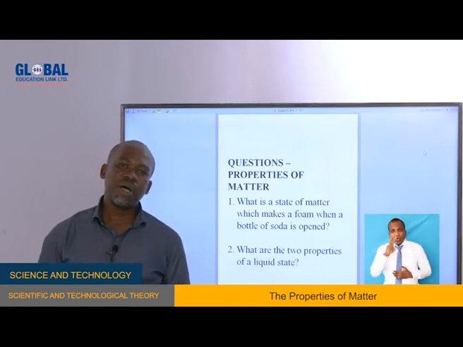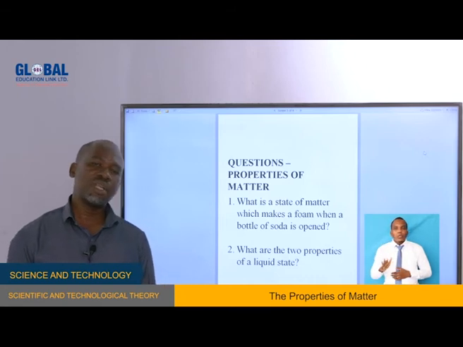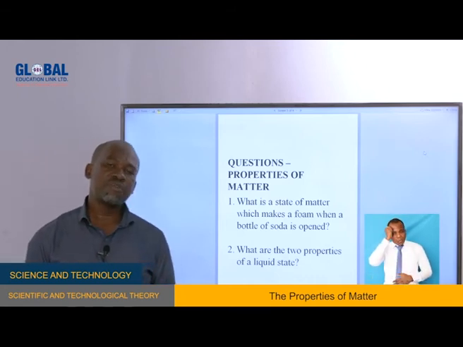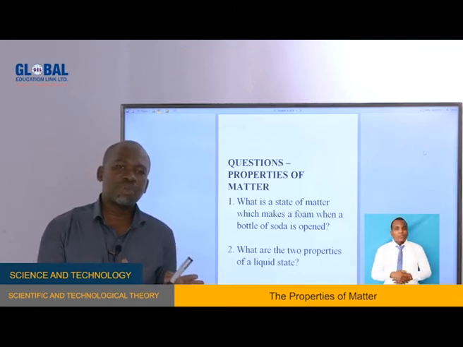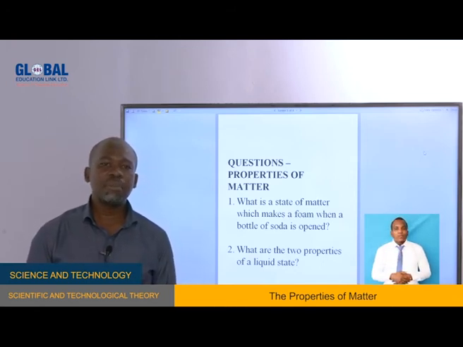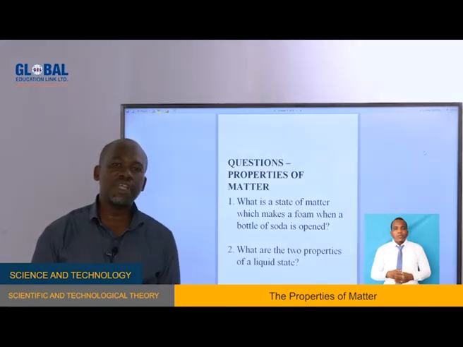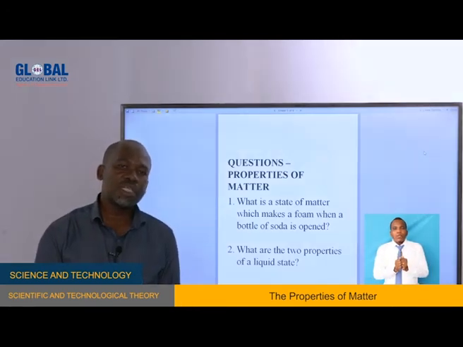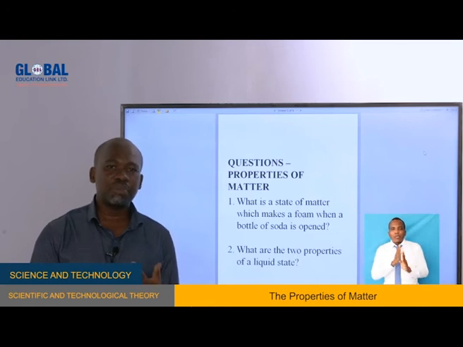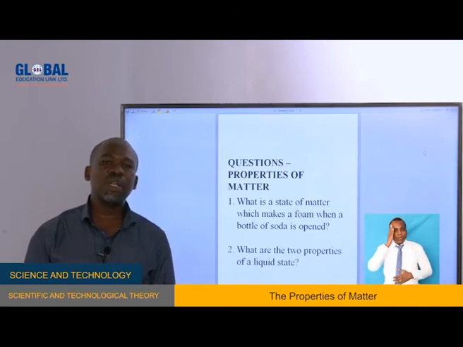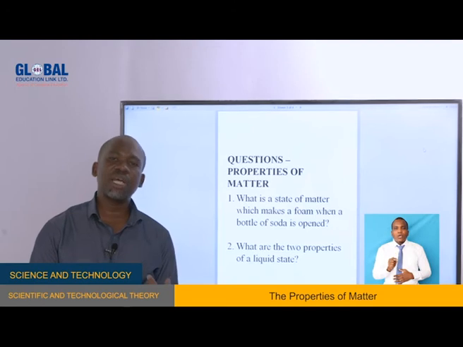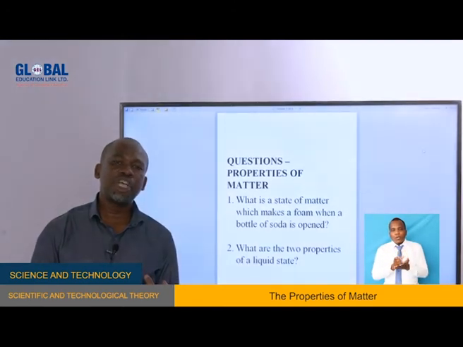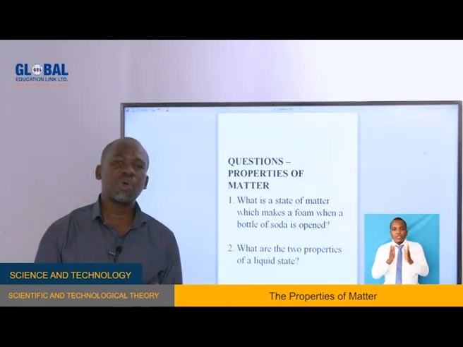Now, remember, during the lesson and our discussion, we have seen that in order for matter to be grouped in the liquid state, first it shouldn't have a definite shape. A liquid state doesn't have a definite shape. And also the second one, the liquid state takes the shape of the container. So the liquid doesn't have a definite shape, it takes the shape of the container.